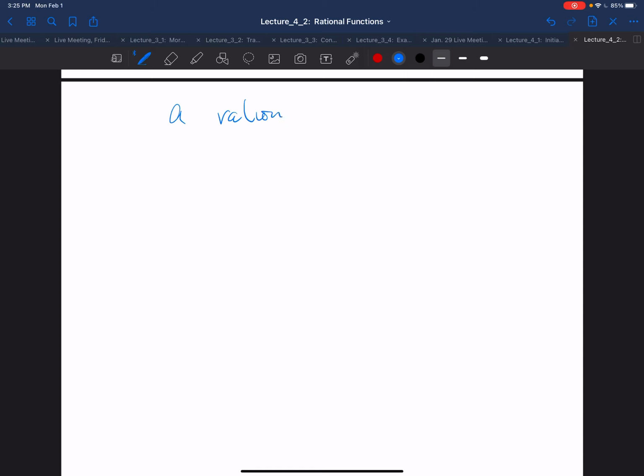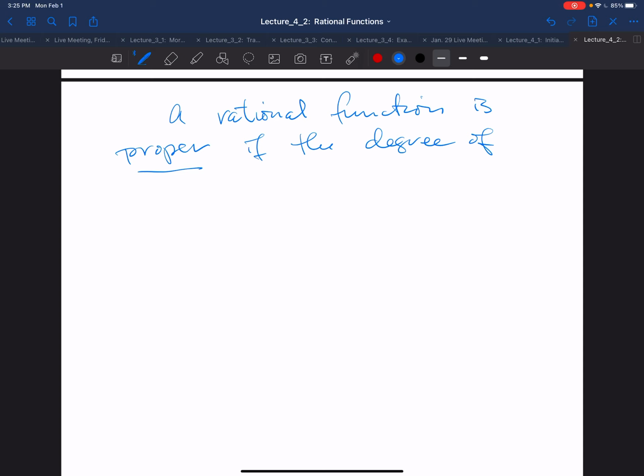And a rational function is said to be proper if the degree of its numerator is no greater than the degree of its denominator. So in other words, if it has no more finite zeros than it has finite poles.